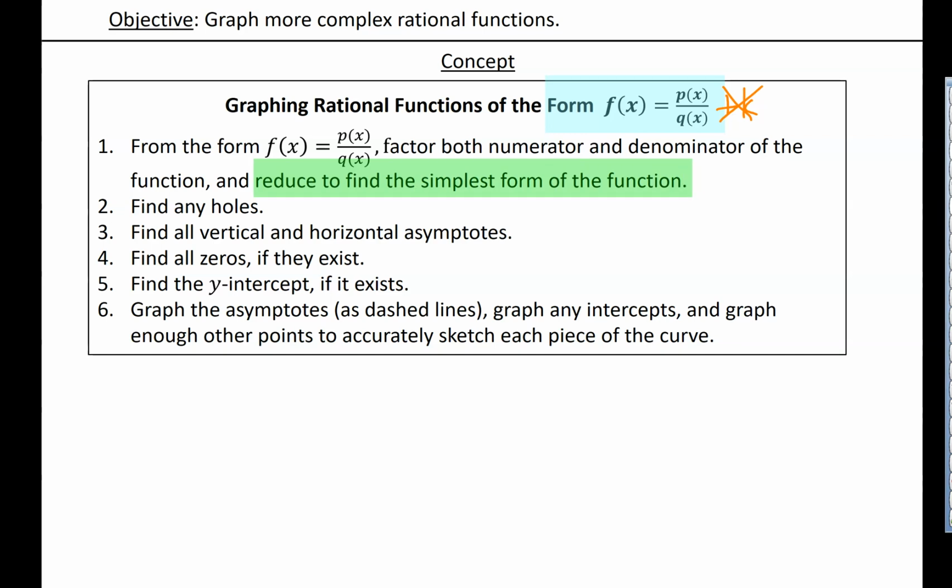Only then are we going to be able to accurately find all of the key features that we need to graph. Not all of these functions will reduce, keep that in mind, but when there is a common factor between the numerator and the denominator, then it's that matching factor that is going to enable us to find the coordinates of any holes in the graph.